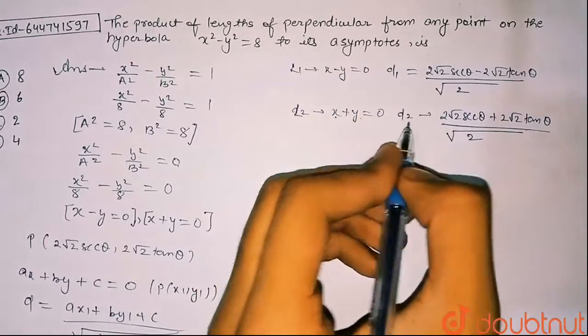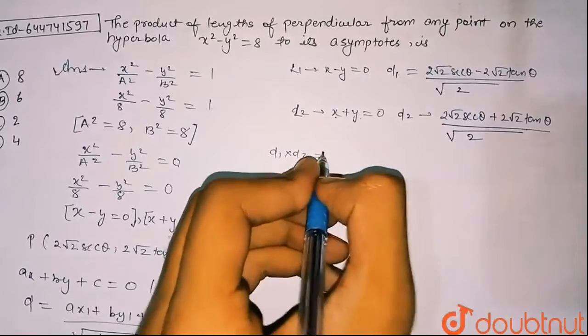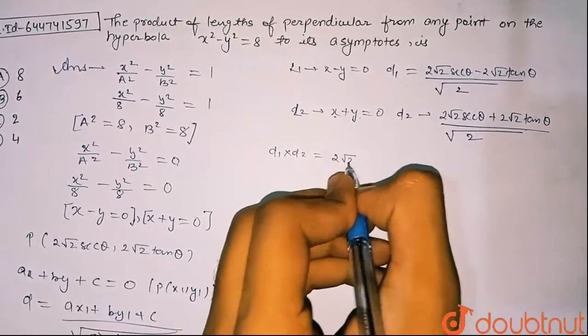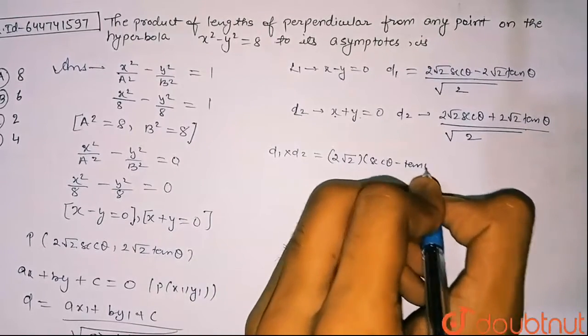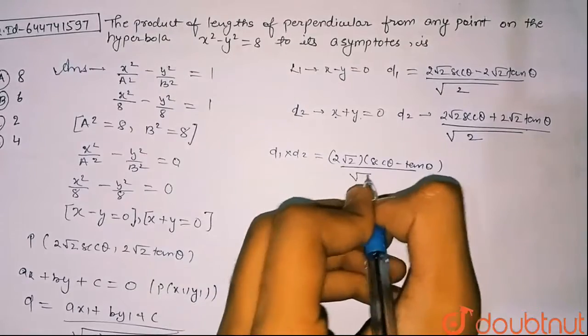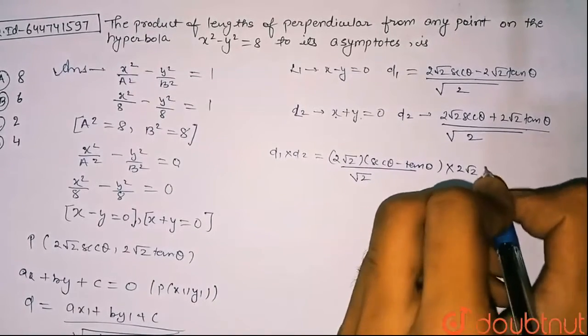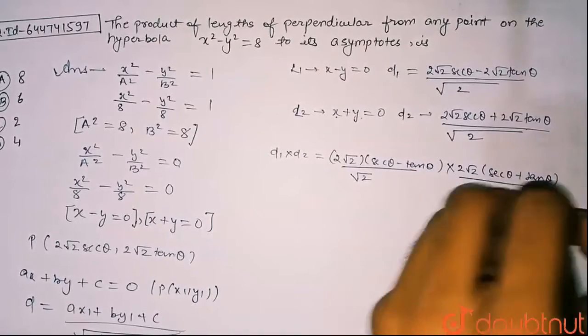Now we have to find the product d1 into d2. Taking 2 root 2 common, d1 is 2 root 2 into sec theta minus tan theta, divided by root 2. Similarly d2 is 2 root 2 into sec theta plus tan theta, divided by root 2.